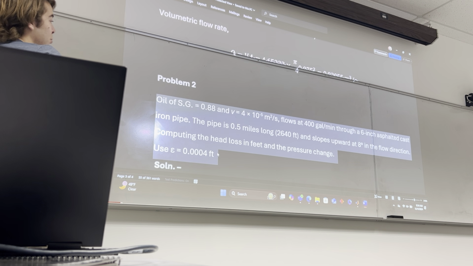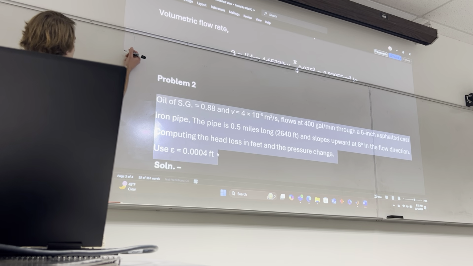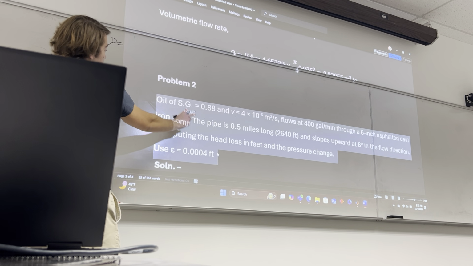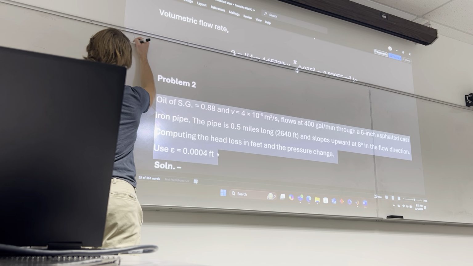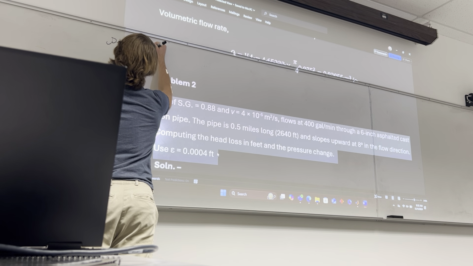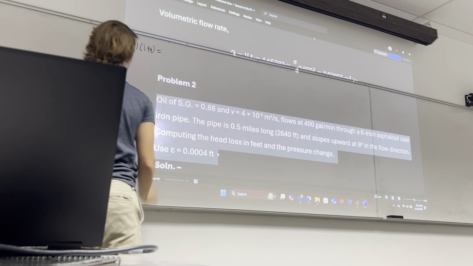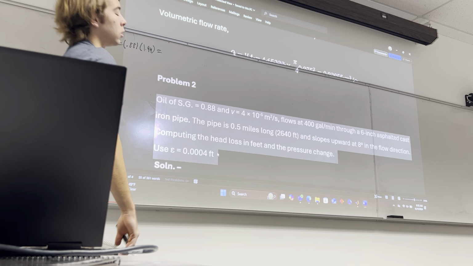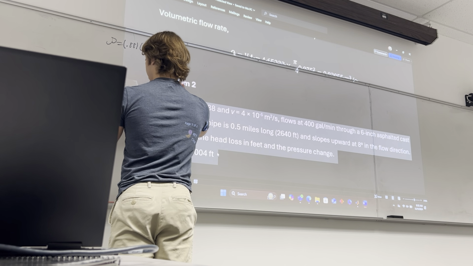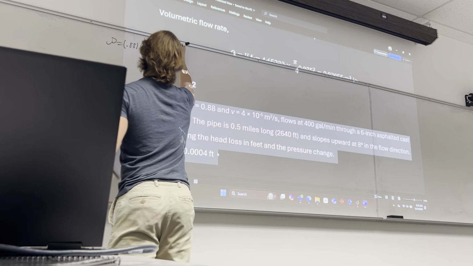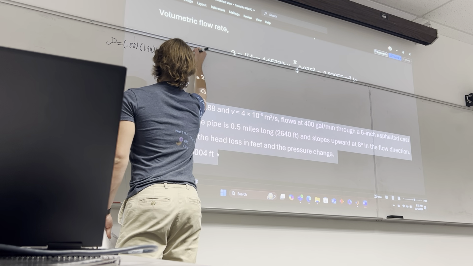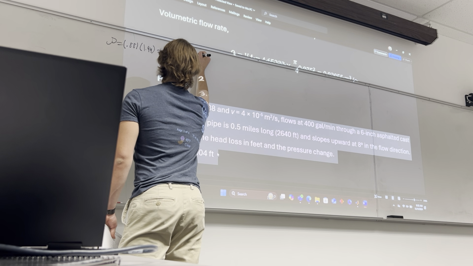We know specific gravity is 0.88. So rho equals SG times the density of water, which is 1.94 in imperial. This will get you 1.7072 slugs per cubic foot.